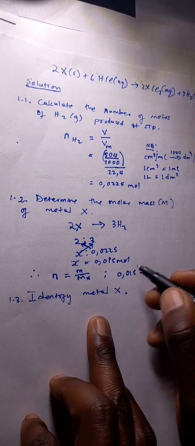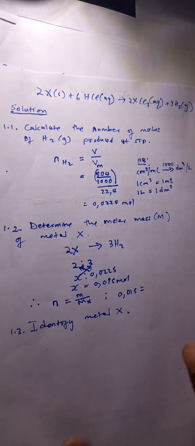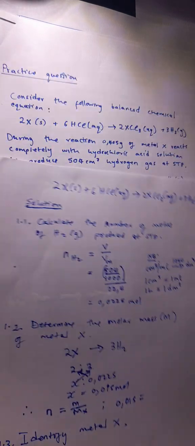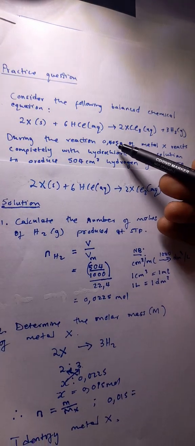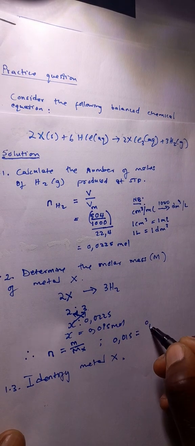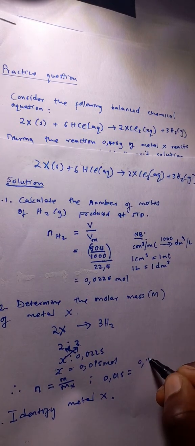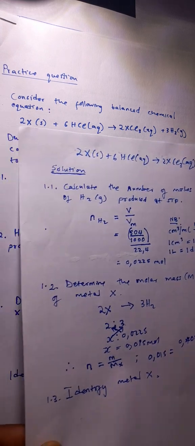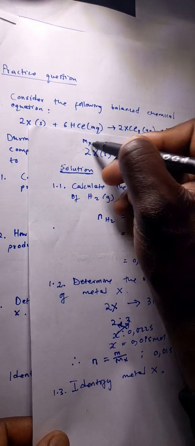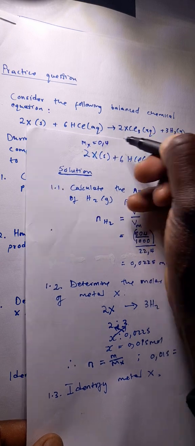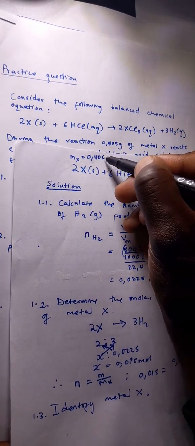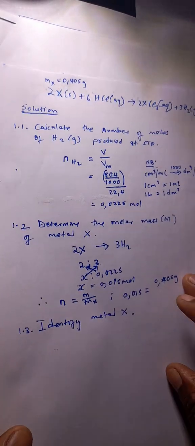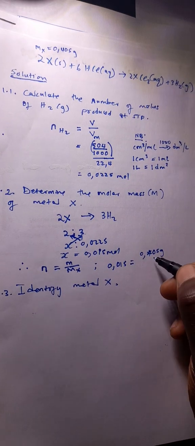Equals what is the mass? It's given. The mass of X equals 0.405 grams, so that you don't forget.